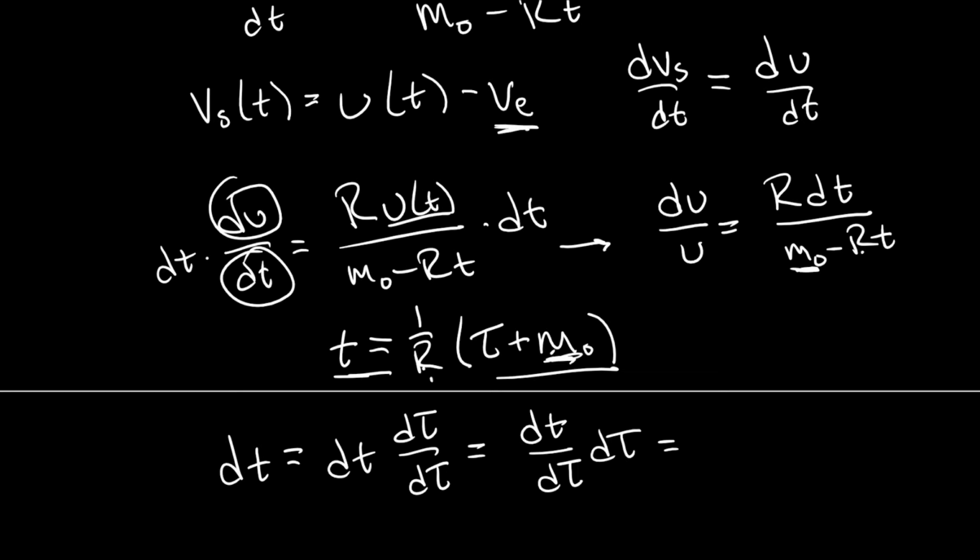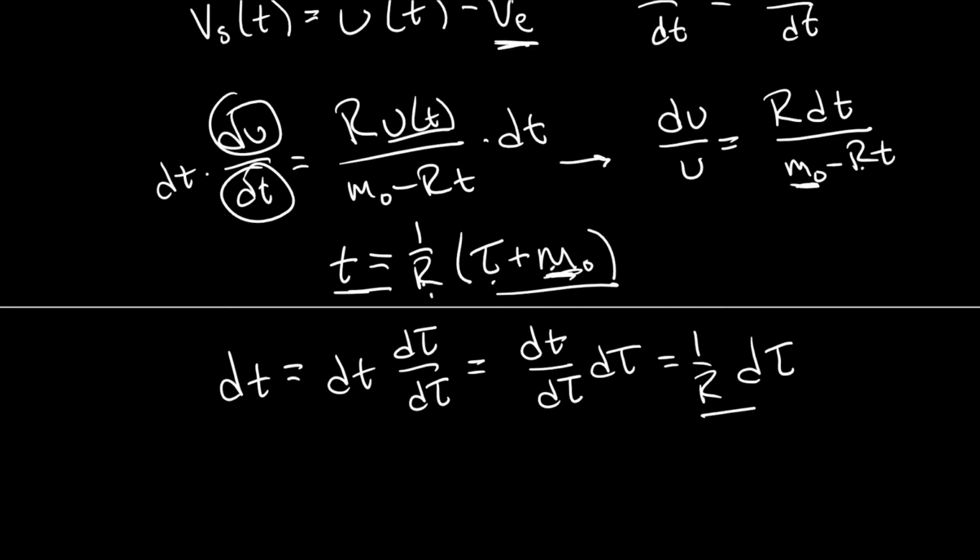I have a constant times the variable that I'm taking the derivative with respect to, and so I just get the constant out. So I get 1 over r times d tau. You can see that this 1 over r cancels that r, so we actually have a very nice expression, which is equal to minus, coming from this minus sign here, d tau over tau.